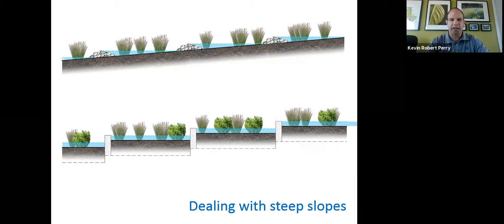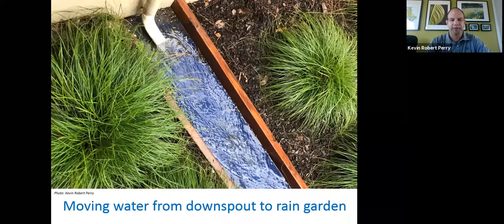You can do that by maintaining the slope and then just adding rock or other measures to slow that water down, or you can literally terrace the grade down into flat slopes to allow the water to move from cell to cell. Again, the latter example would be a costlier approach, but there are different ways to deal with those steeper slopes on your property.